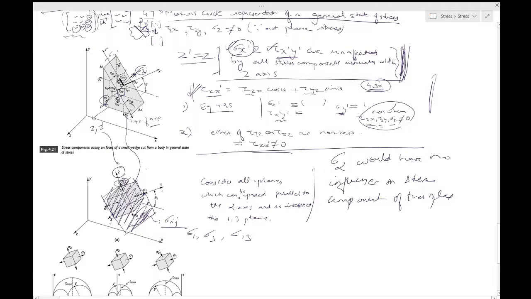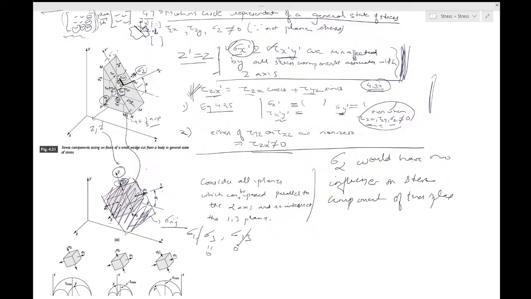But in the principal system, sigma 1 3 is equal to 0. So any stress over here would depend only on either sigma 1 or sigma 3 or both. Now sigma 3 is equal to 0 because it's a plane stress situation, so it would only depend on sigma 1.